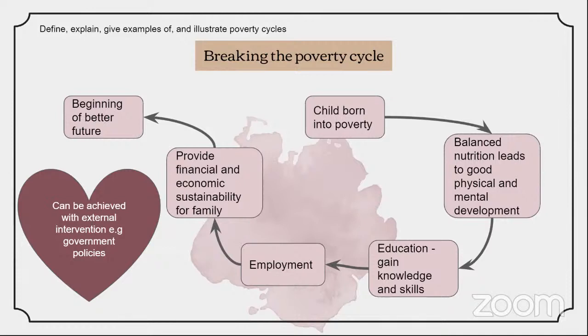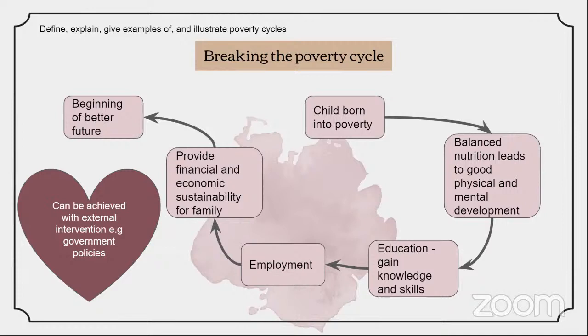Because of a healthy body and a sharp mind, and also because the family is being helped, the child can gain education. So the child gets knowledge and skills.